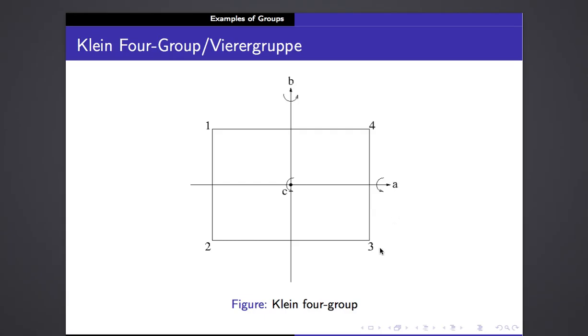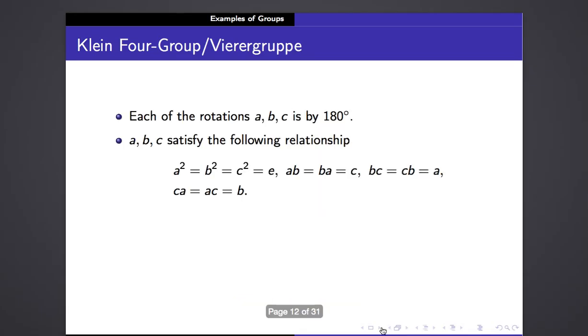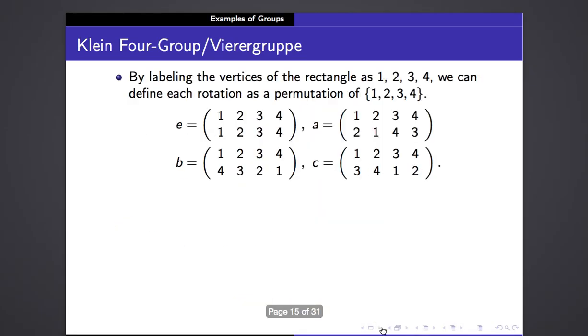Okay? So the labeling becomes 1, 4, 3, 2, right? 1, 4, 3, 2. Okay? So that's how we got that permutation. And B and C, the same.